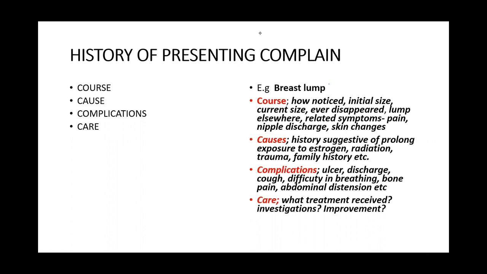It has invaded the chest wall. It has invaded the axilla, causing ipsilateral upper limb swelling. Okay, when it spreads to the chest, causing difficulty in breathing, to the bone, causing bone pain, all those are systemic manifestations. When it spreads to the liver, causing jaundice.